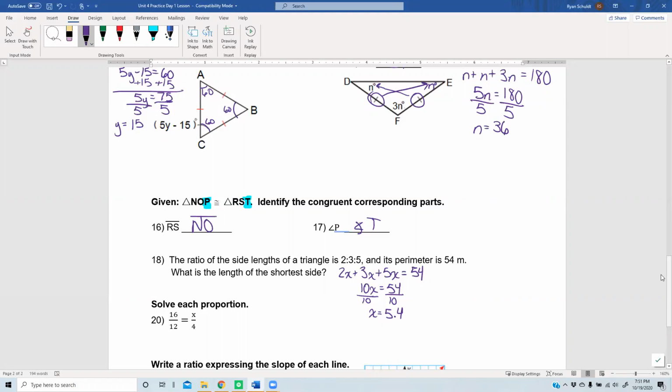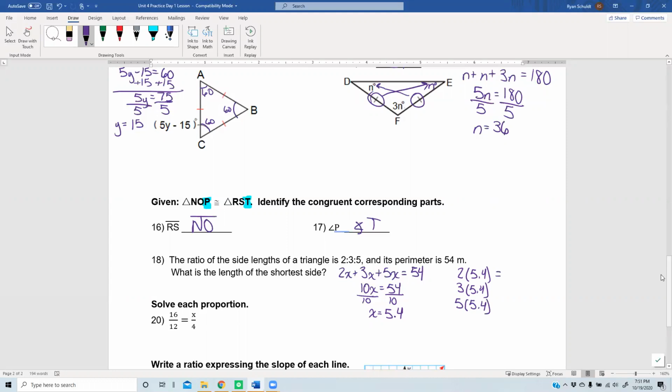Now they asked me for the shortest side, not x. So I have to go back in and plug in 5.4 to all the others. I'm going to just find all the sides because then I can easily pick out the smallest.